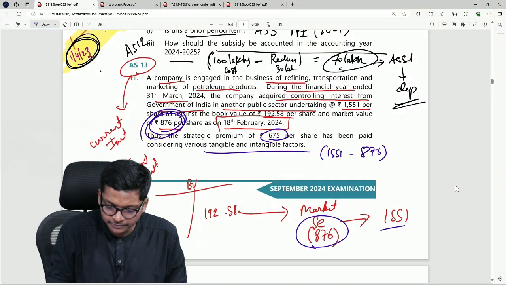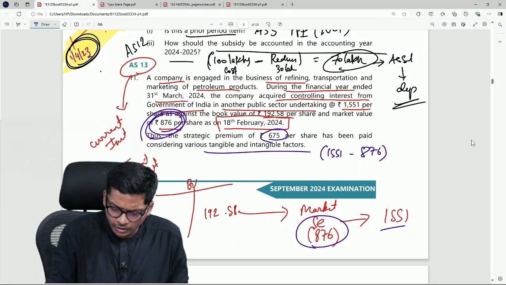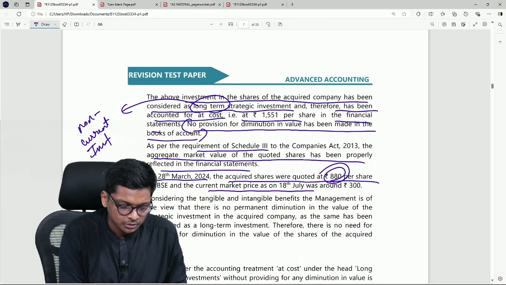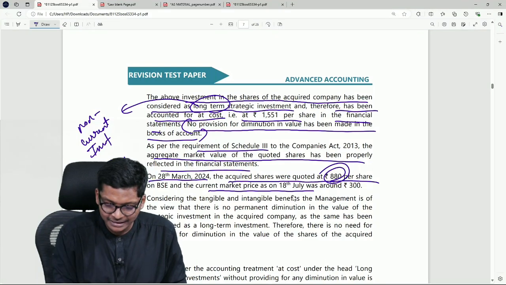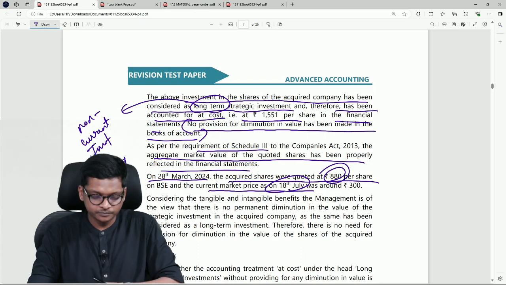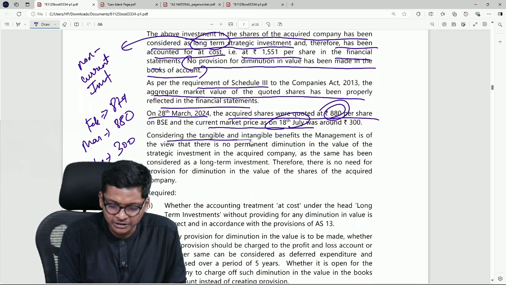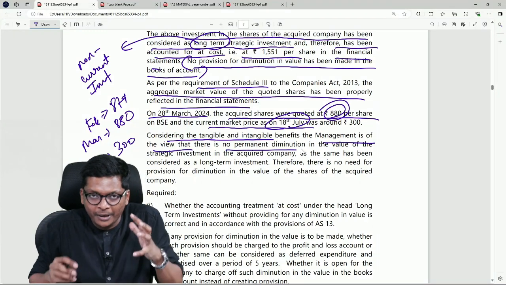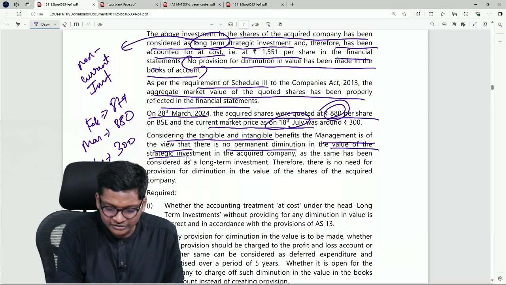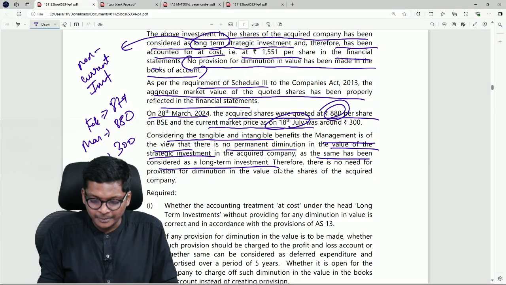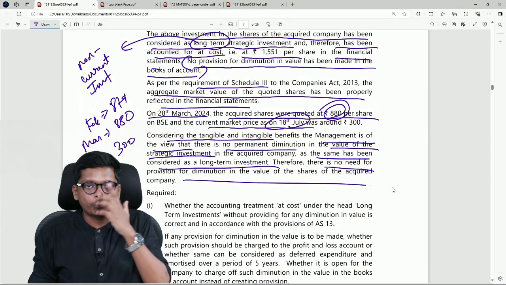I purchased in Feb, when it was 876, then in March it became 880, then in July it again came down to 300, a crash. Considering the tangible and intangible benefits, the management is of the view that there is no permanent diminution in the value of strategic investment. The same has been considered still as long-term investment. There is no need to provide for any provision.